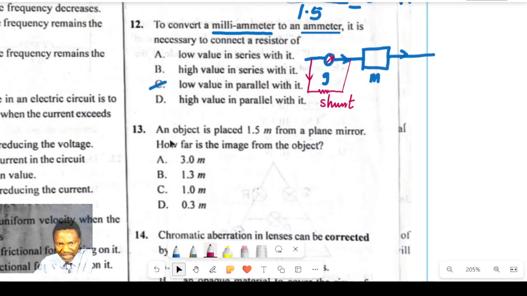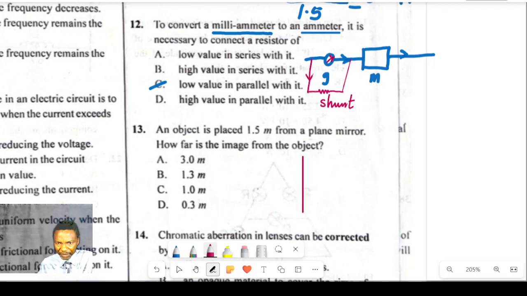So question number 13, an object is placed 1.5 meter from a plane mirror. How far is the image from the object? So this is actually a simple question. If you have a plane mirror here, the back is the coated part.